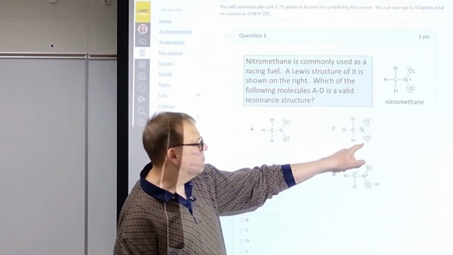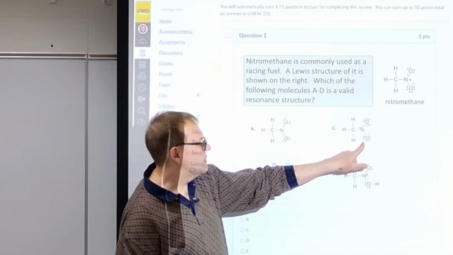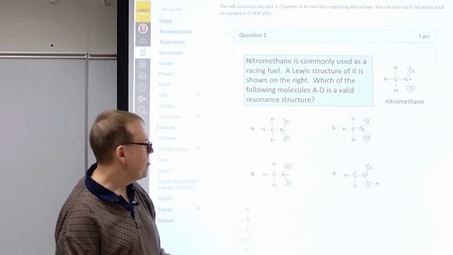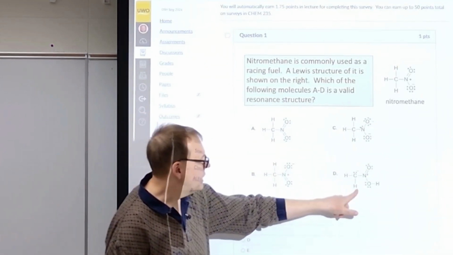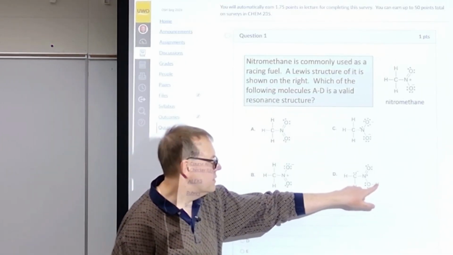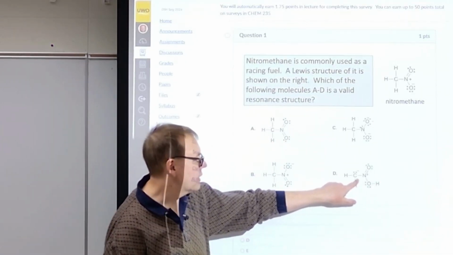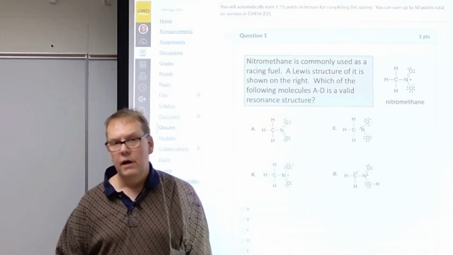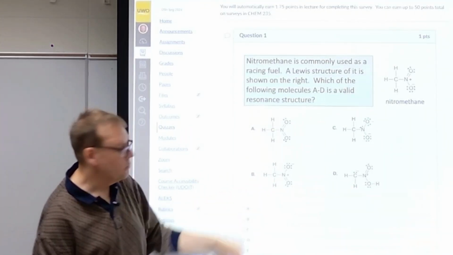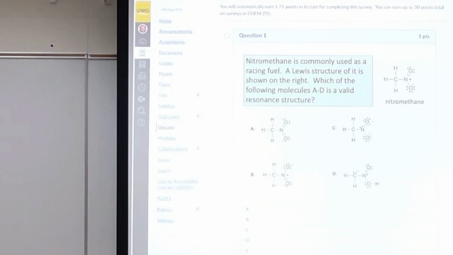This is not a correct resonance structure because it's got too many electrons. It has 2 negative charges, so it's a different molecule. And structure D has a different arrangement of atoms. The hydrogen is on an oxygen here, whereas that carbon is lacking 3 hydrogens, and so it's a different molecule. It can't be a resonance structure. So B is the only one that works here. That's the correct answer.